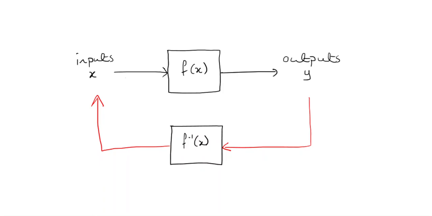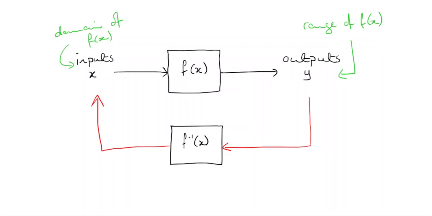Now, if that's the case, then we also thought about the idea of domain and range. The domain of the original function f of x is the set of all input values to f of x, and the range of the original function f of x is the set of all values of the output of f of x.